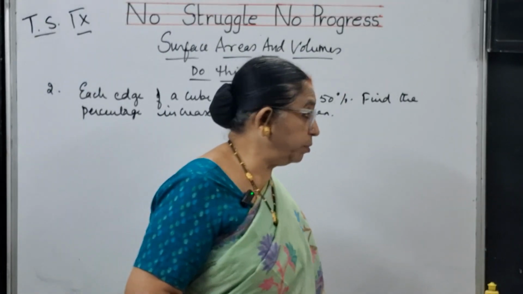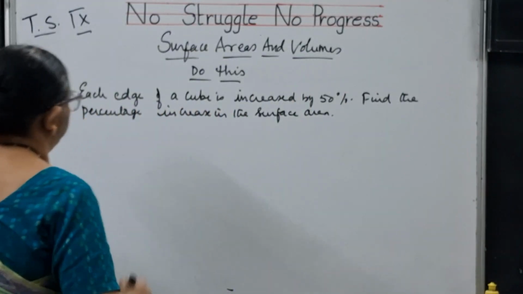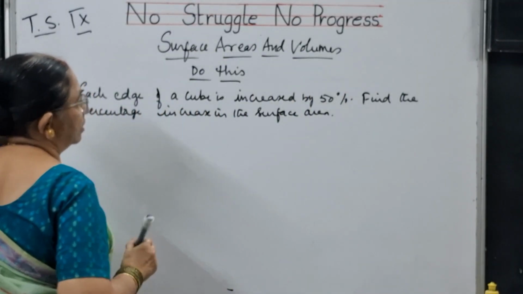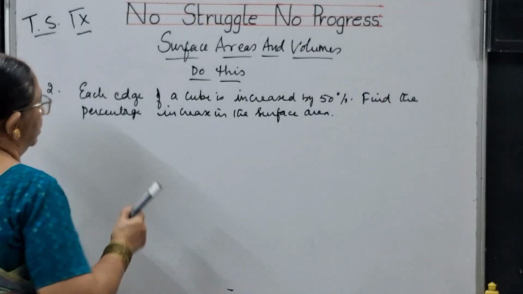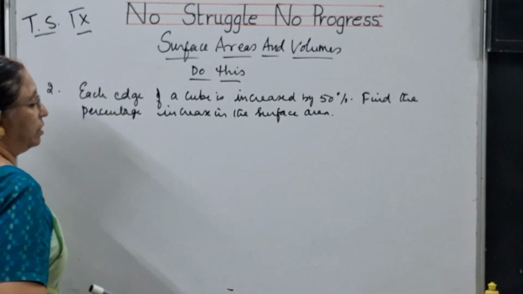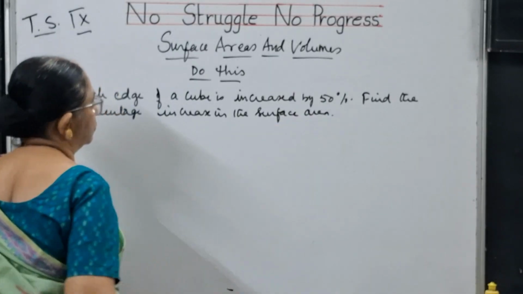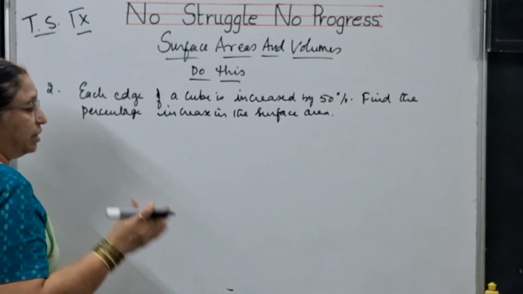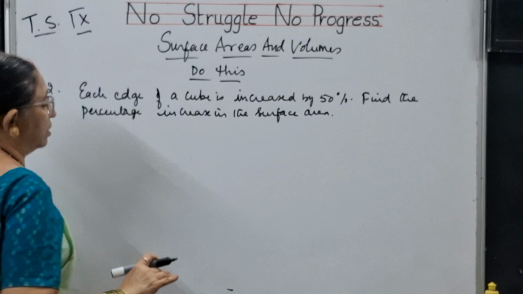Now, the second problem of do this, children. Each edge of a cube is increased by 50%. Find the percentage increase in the surface area. So in this case, we will take surface area as the total surface area, and they have not given any measure of the side.